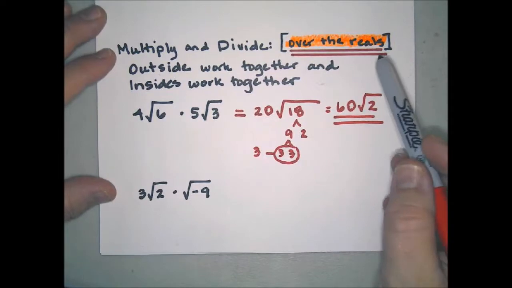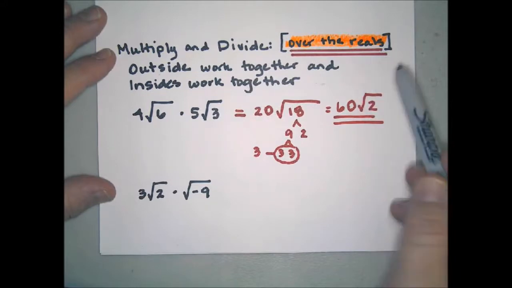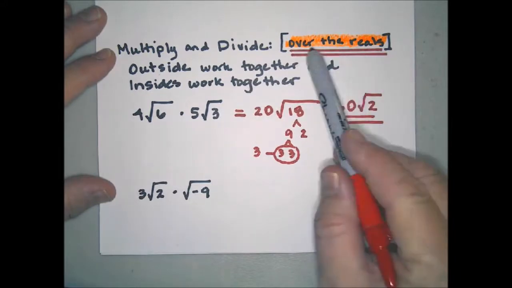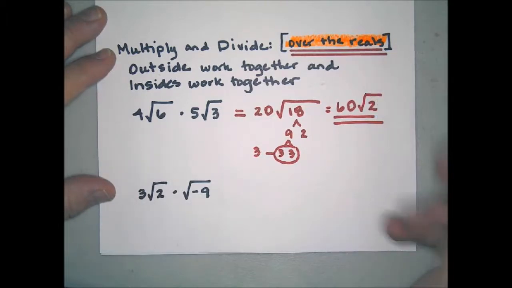Now, for objective 2, we are adding this condition that everything we do with operations, multiply, divide, add, subtract, is over the real number system only, which means we're not going to worry about whether something could be negative, because if it is negative, we would have to use i to help us out. We're not going to do that.